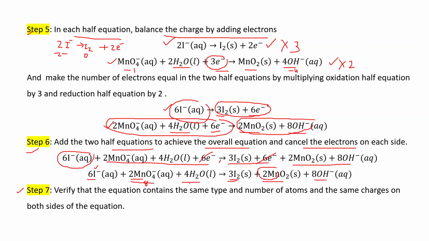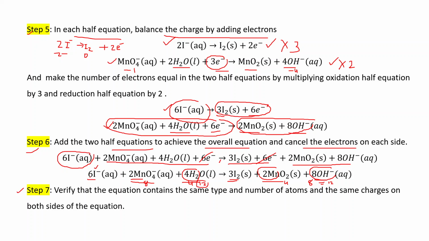And 4H2O, 4 oxygen atoms are here. So total oxygen atoms are 8 plus 4, 12. Now 12 oxygen atoms are in the product side. In case of 2MnO2, 4 oxygen atoms are here. And 8OH minus, again 8 oxygen atoms. These are again 12. Now check hydrogen atoms. In 4H2O, 8 hydrogen atoms are there. In the product side, 8OH minus ion, that is 8 hydrogen atoms.